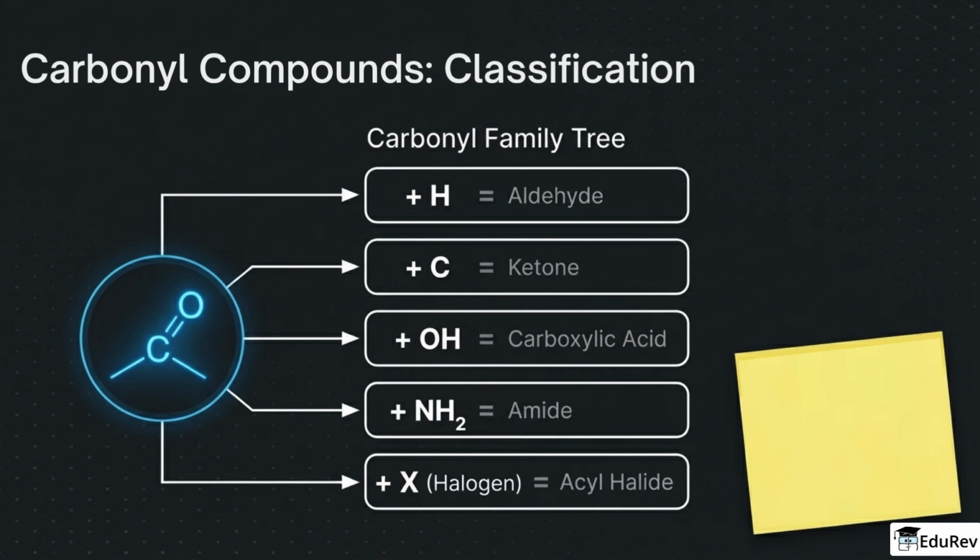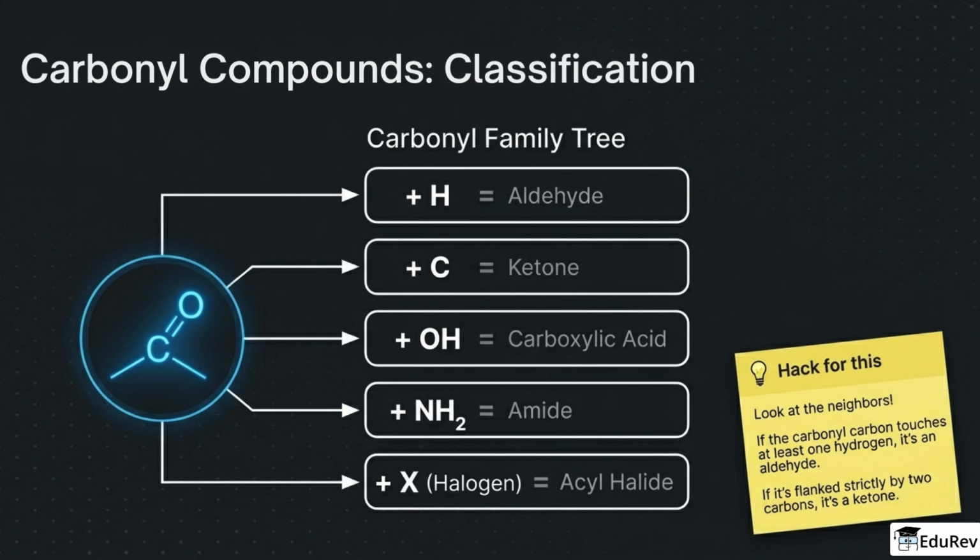If it has a halogen, it is an acyl halide. That one family tree is enough to orient yourself before you move into naming or reactions. Here's a trap you need to be aware of. The neighbors of the carbonyl carbon decide the class, not the carbonyl itself.